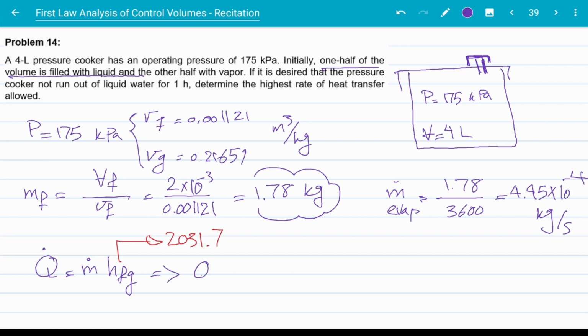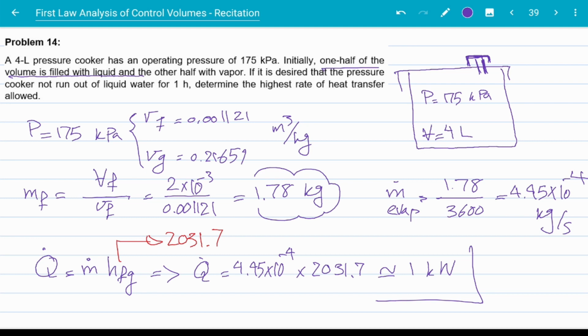We get that Q dot is 4.95 times 10 to minus 4 times 2031.7, which is about 1 kilowatt. Here I use the conclusion of the previous problem, knowing that the rate of evaporation depends on the h of fg at the constant pressure.